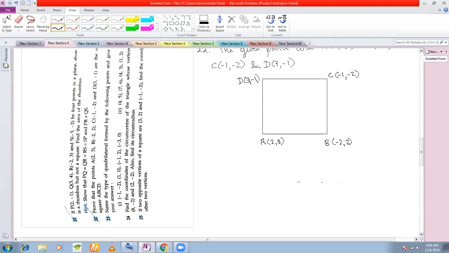All the sides are equal. So what distinguishes the rhombus from a square again? The length of the diagonals. You can show that the diagonals are equal, or just as in the last class I showed you, if you can show that one of the angles is 90 degrees, then you can say that it is a square. So let us calculate the distances.